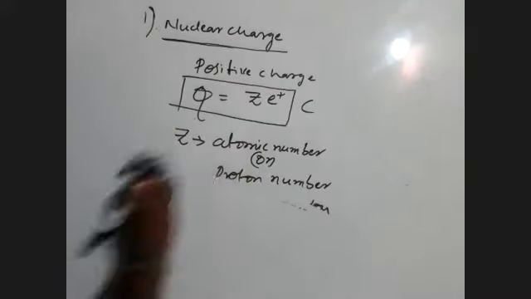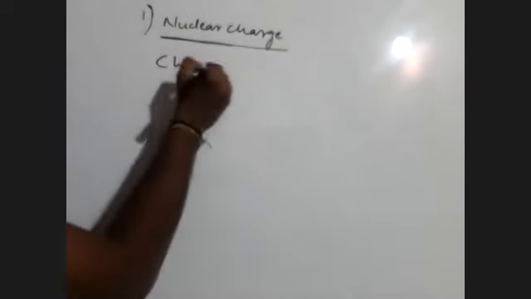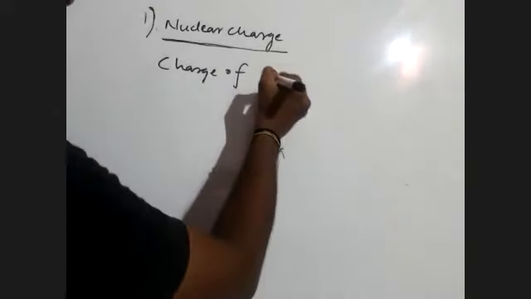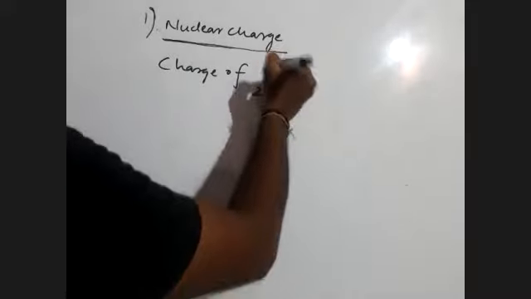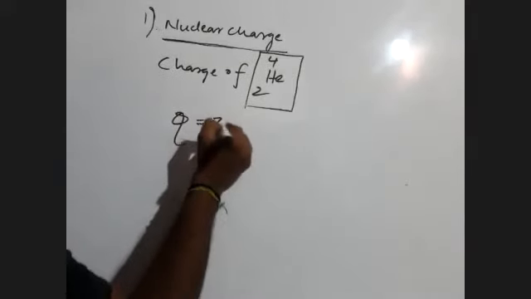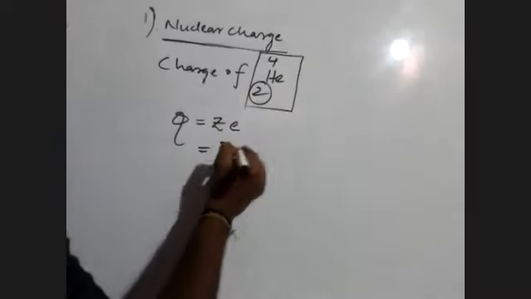Suppose you want to find the charge of a helium nucleus, He-2-4. So Q is equal to Z times e. What is Z? The atomic number is 2 protons.